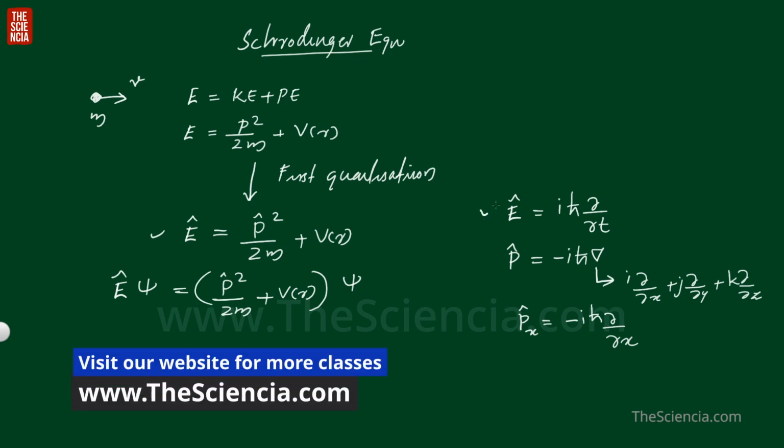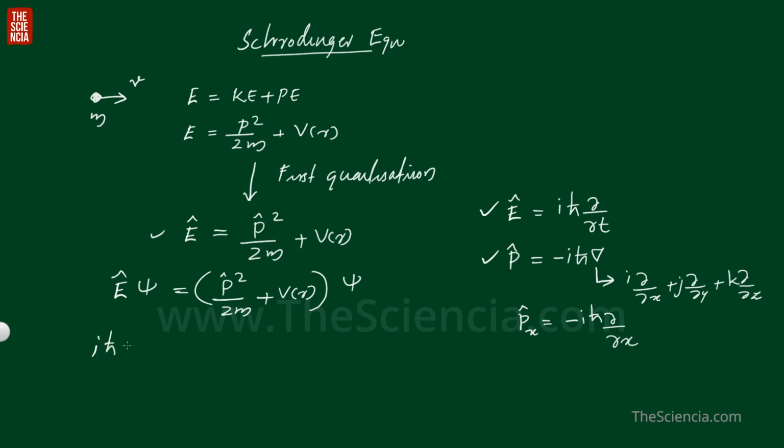Now we can substitute for E and P, so we can rewrite this equation as i h cross dou psi by dou t is equal to minus h cross square by 2m del square plus V of r, into psi.